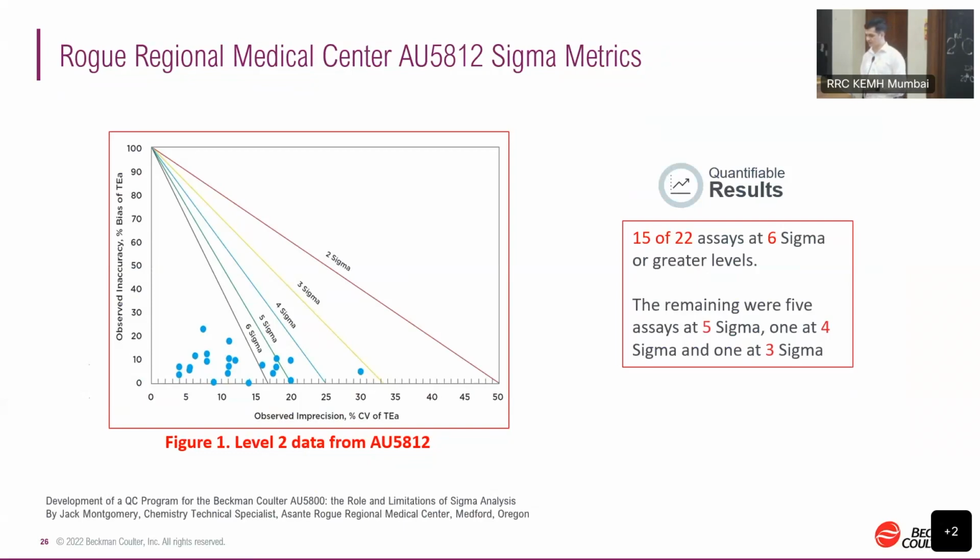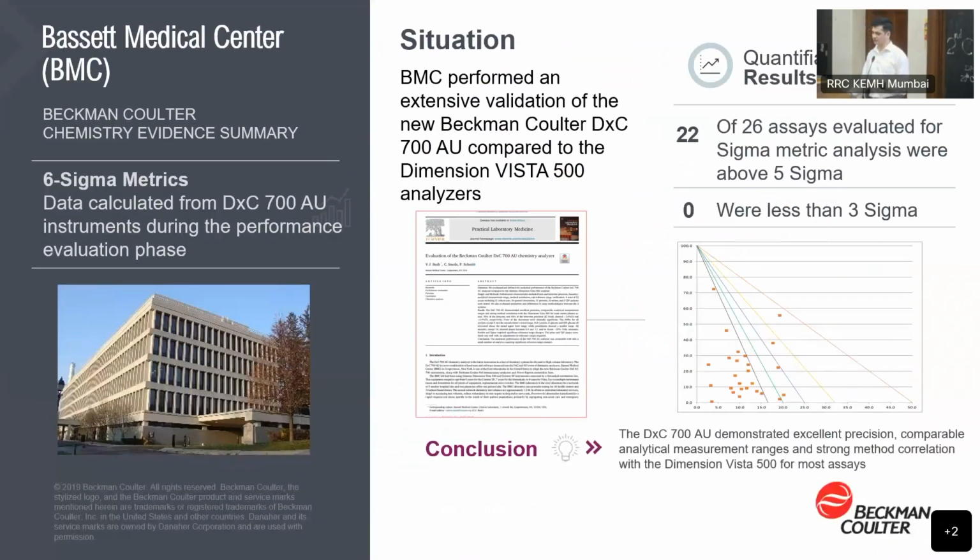So this is the second study. There are many others, and another one was performed at Seth Medical Center in Korea, where they calculated sigma metrics on the DXC 700 AU.